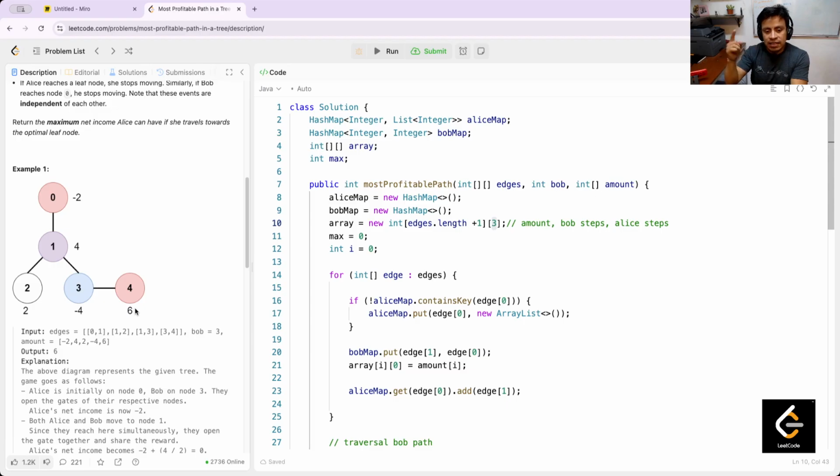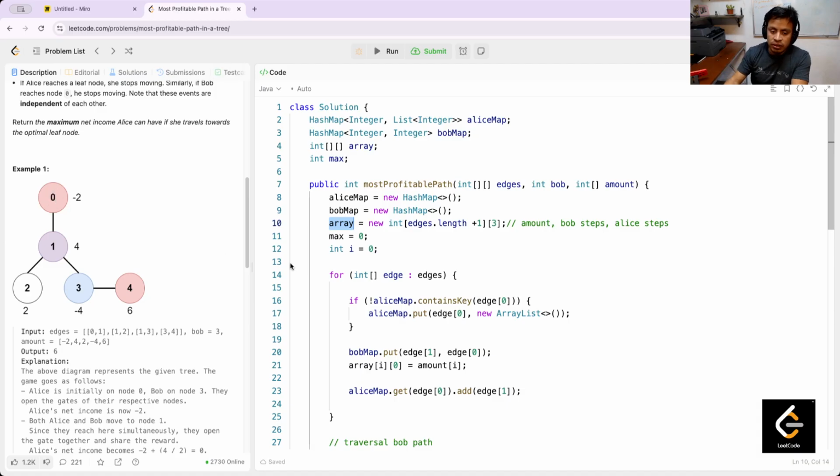Then index 1 represents how many steps Bob used to reach this node. For example, in this case Bob is here: 1, 2, 3, so for Bob it is 3. And the last one, index 2 of the array, is Alice's steps, meaning how many steps Alice used to reach this node. In this case it's only 1.